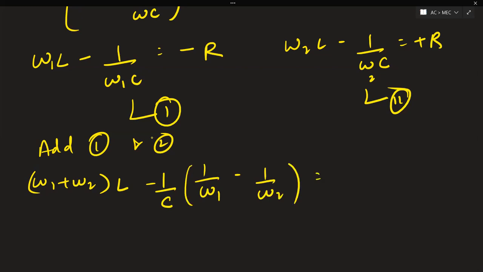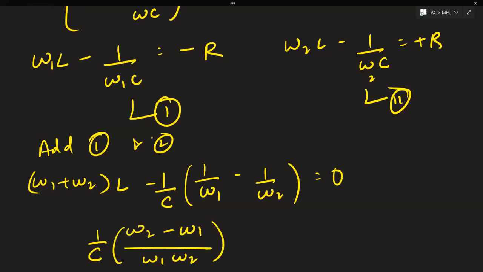And minus R plus R will give me 0. From here, I have the value of 1 by C as what? Take the LCM, this becomes omega 2 minus omega 1 divided by omega 1 into omega 2. Transposing this to the other side, this becomes omega 1 plus omega 2 multiplied by L. From here, omega 1 plus omega 2 and from there omega 1 plus omega 2 will get cancelled.